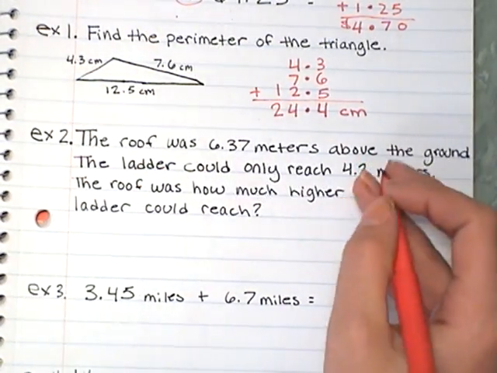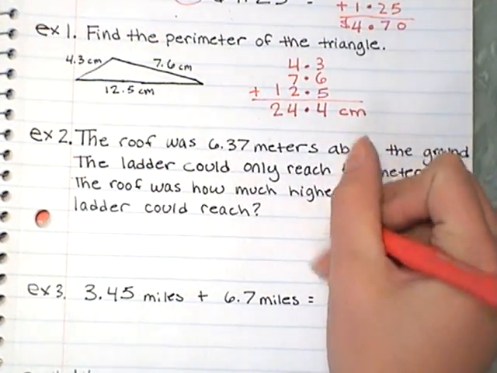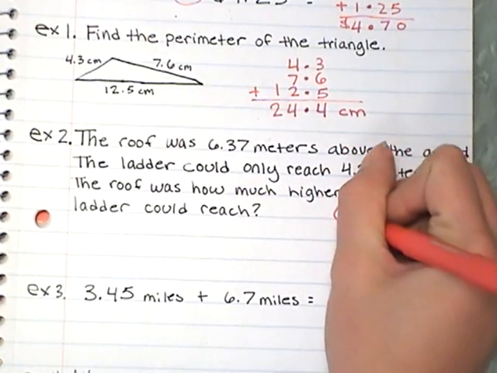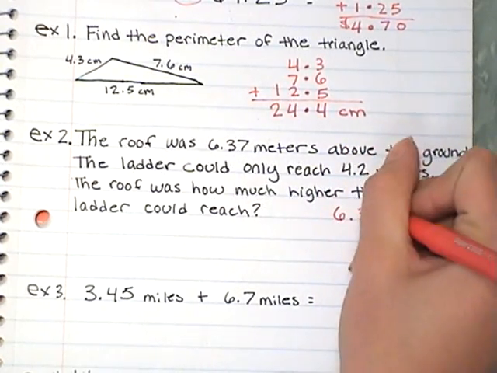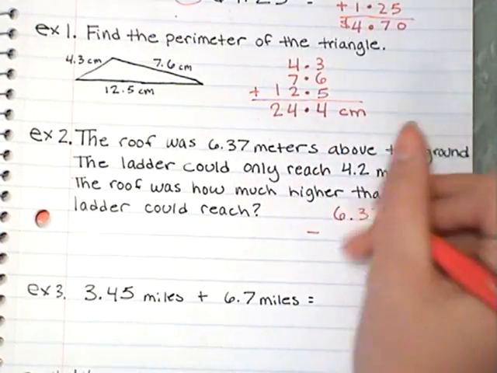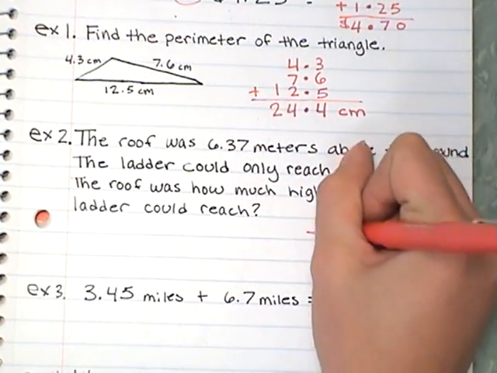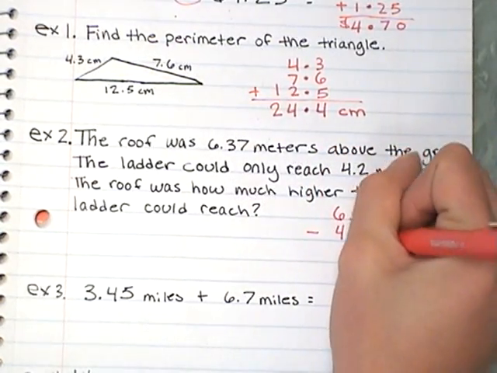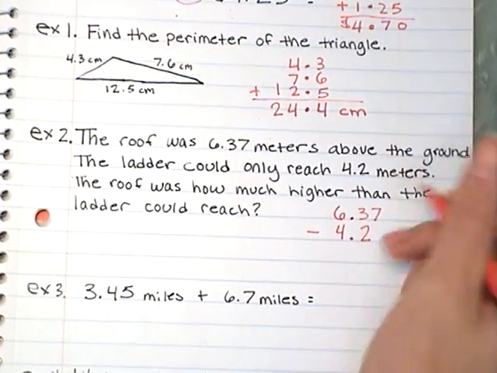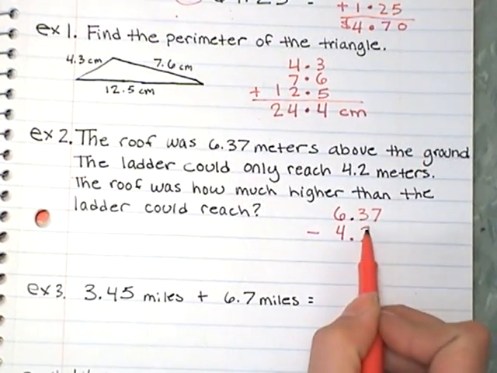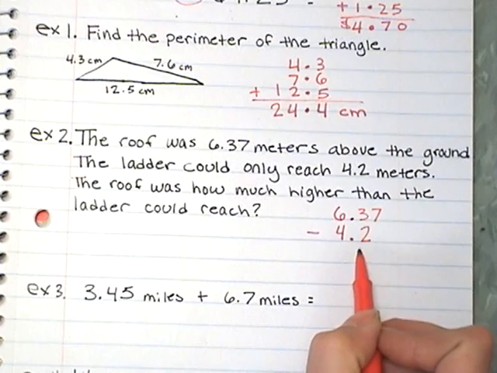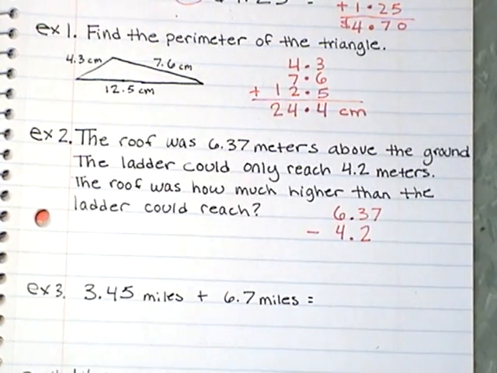So I'm going to take my 6.37 minus my 4 2/10, or 4.2. Now notice I didn't line up my 2 with my 7 and my 4 and my 3 and then have a 0 here. You have to make sure that you lined up your decimal points. That's the number one thing.